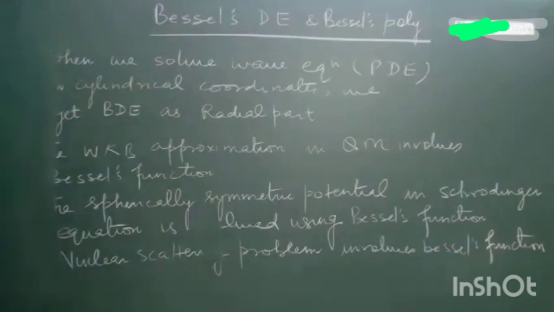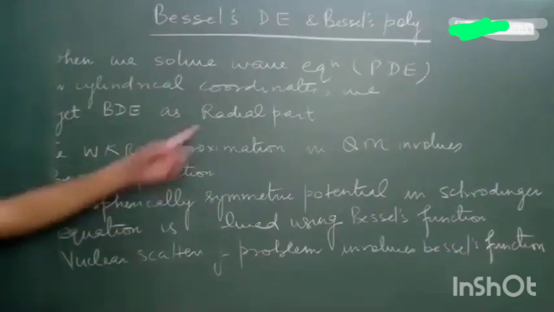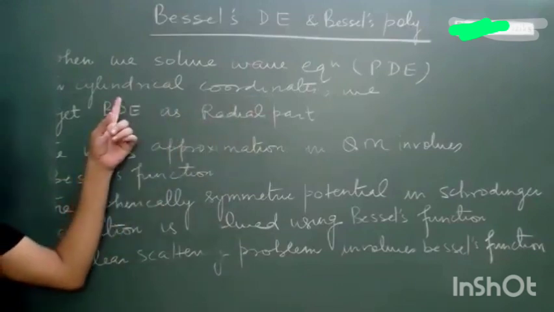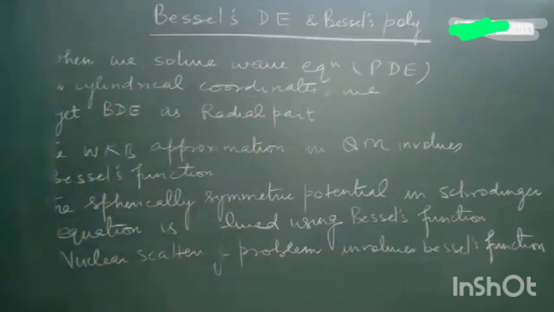Okay. So this Bessel's differential equation, if I would have solved the wave equation in cylindrical coordinates, then one of the parts that becomes an ordinary differential equation would have been Bessel's differential equation. Done, sir. Okay.